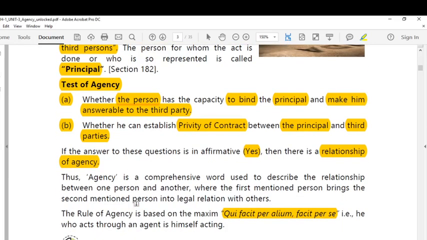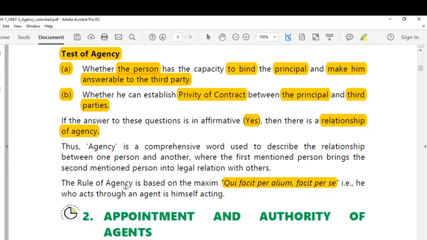Agency is a comprehensive word used to describe the relationship between one person and another. Whether the first mentioned person brings the second mentioned person into a legal relation with others will tell about the agency, right?